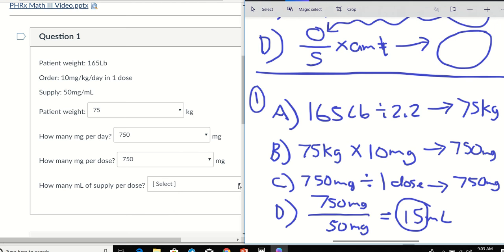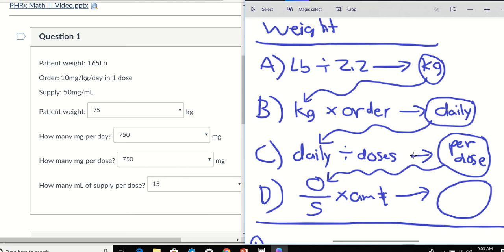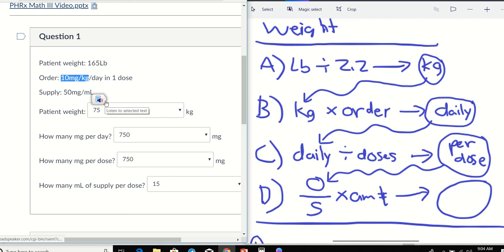So let's review this one. The 4 steps for weight dependent dosing. If you're given pounds, step A, convert to kilos by dividing by 2.2. Once you get the weight in kilos, step B, the weight's going to be your starting point. Multiply that by the amount of drug per kilogram. In this case, the amount of drug per kilogram is 10. That'll give us our daily amount.